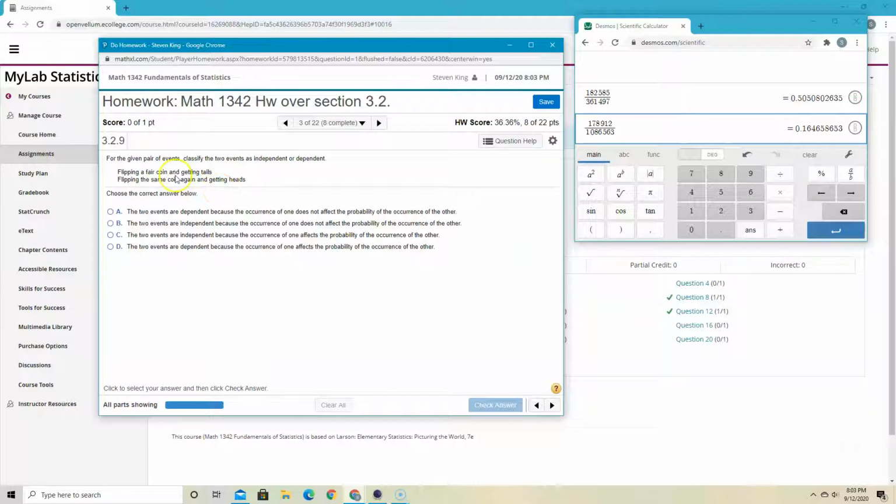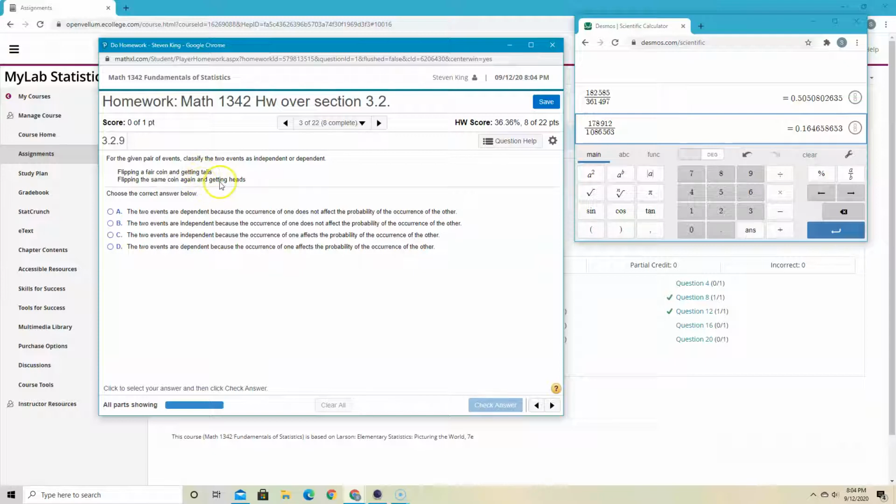So the same idea here. We flip a fair coin and get a tails, and then we take the same coin and we flip it again, and it becomes heads. Is this second event influenced at all by what happened on the first toss? Well, I hope I've convinced you that the answer is that this second coin toss is not influenced at all by what happened on the first toss.